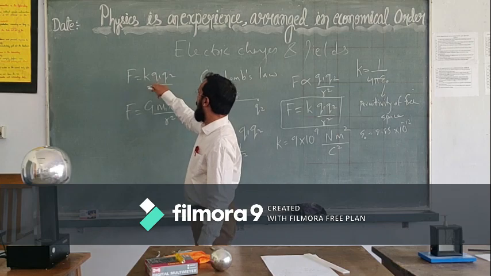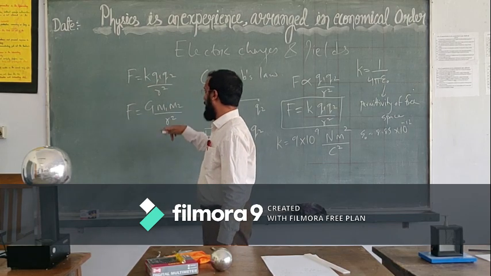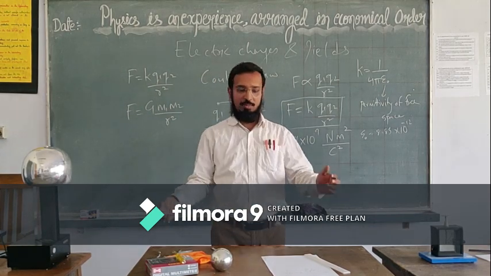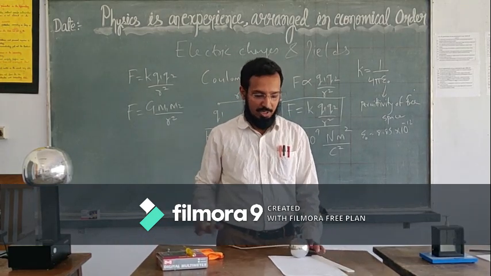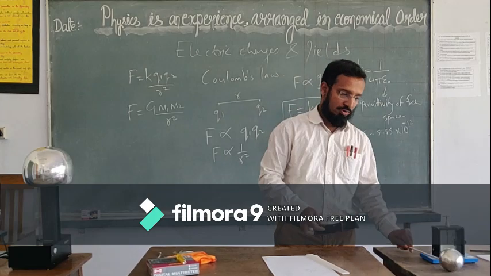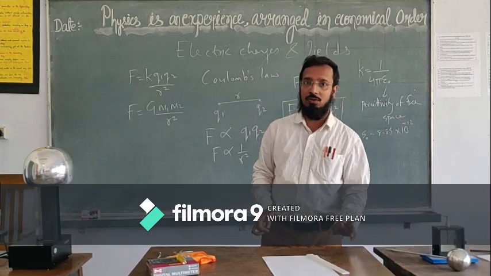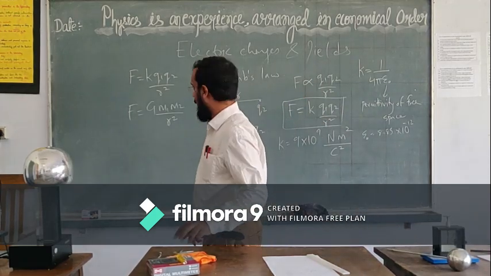The difference is that here there are charges and here there are masses. Charges can be positive and negative, but masses can only be positive, and therefore the Coulombian force can be repulsive and it can also be attractive.